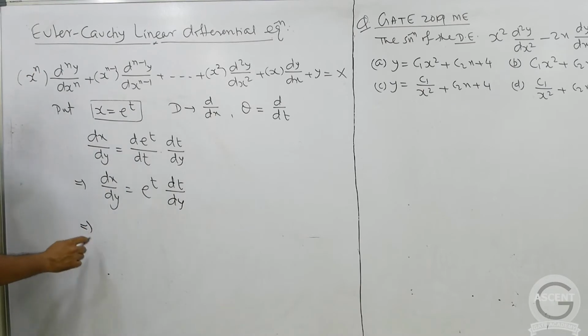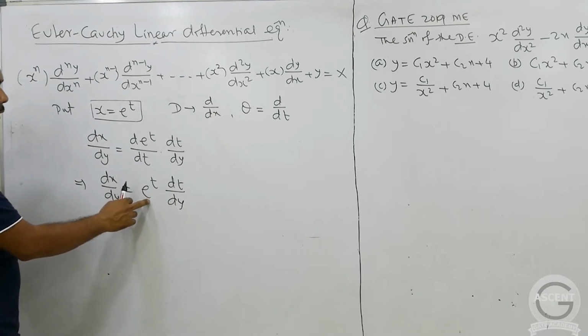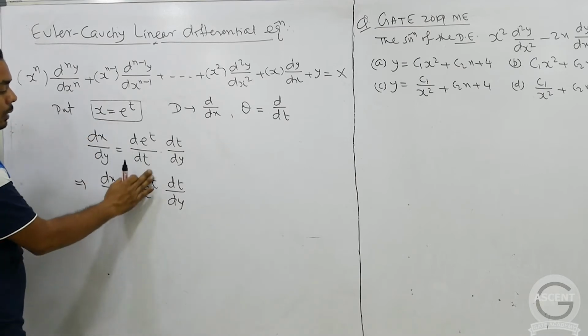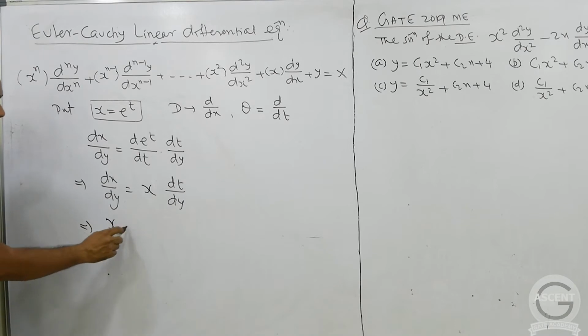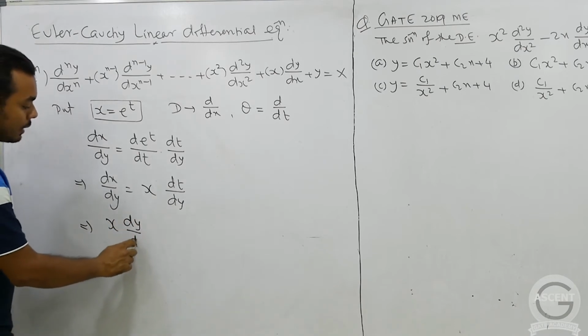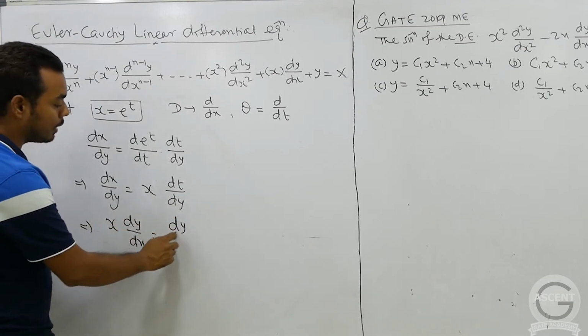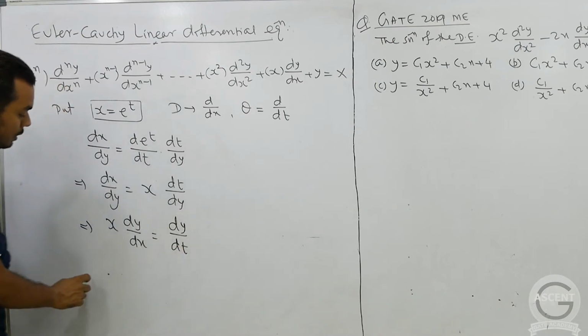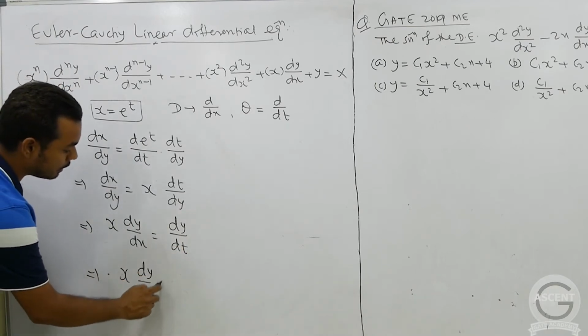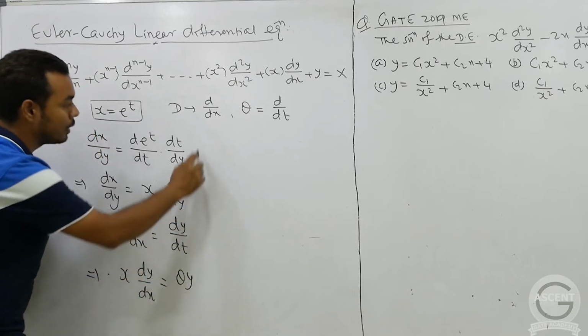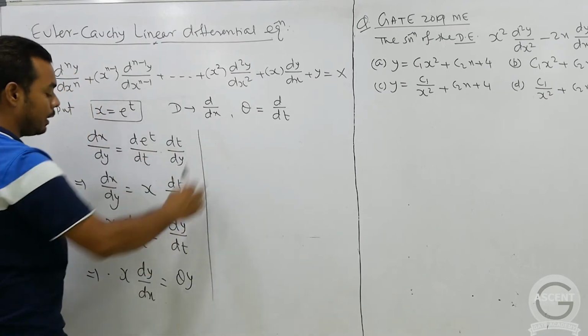Now e to the power t is nothing but x. So in place of e to the power t you can write x, and if you cross multiply you can write x dy by dx. This will be dy by dt. So this means x dy by dx will become theta y. Theta was nothing but d by dt.